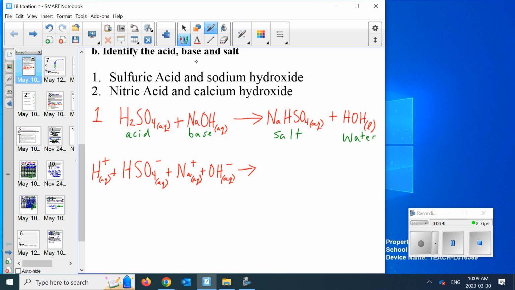So, do some labeling. First of all, this is called a total ionic equation. So that's what's below there. And the sodiums are really just floating.